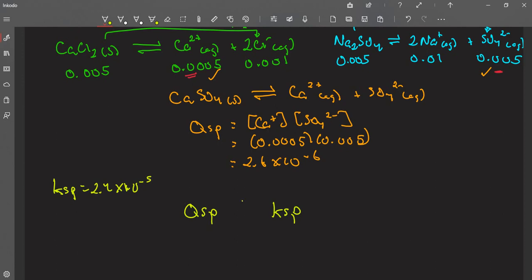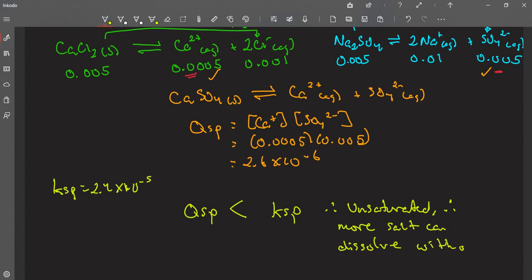Because QSP is less than KSP, we therefore say it is unsaturated. And then to specifically answer the question, therefore, more salt can dissolve without a ppt, that's how I write short form for precipitate, without a precipitate forming.